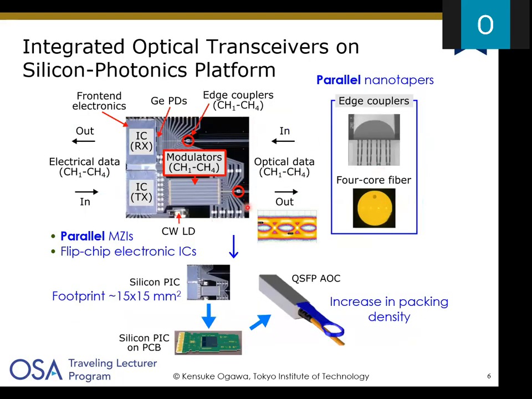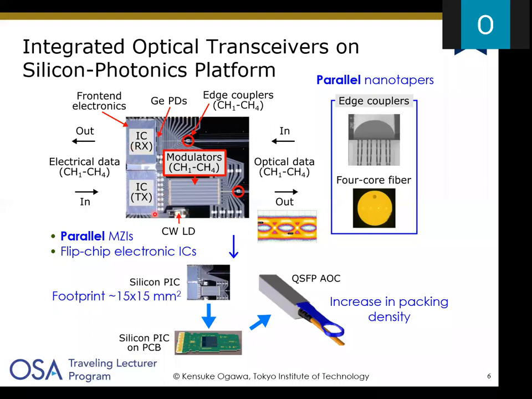So this is one example of the integrated optical transceivers, including parallel lane optical modulators as a key element. The footprint of this integrated photonic transceiver is about 15 by 15 square millimeters. In this footprint, all of the functions, including electronics and optics, are integrated. In this picture, you see the electronic ICs for signal transmission and signal receiving.